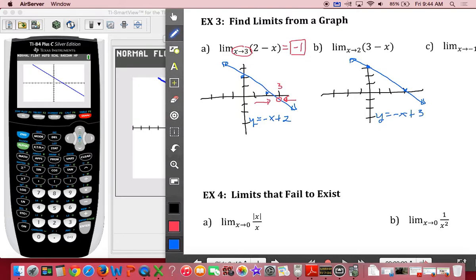So tell somebody what you think the limit is. And use a second method to verify what you think it is.